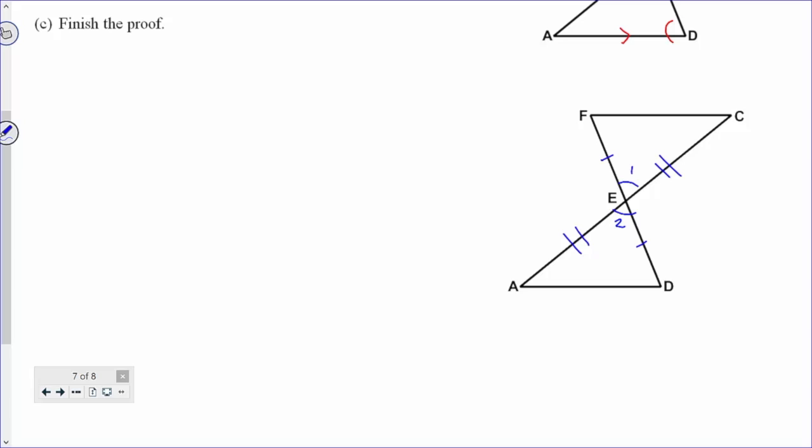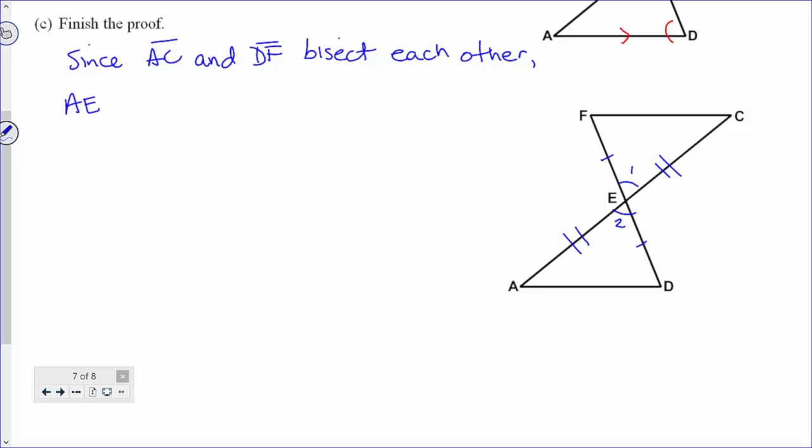Let's do the proof. All right, this is going to be simple. Okay, since AC and DF bisect each other, that tells me that AE is congruent to CE and FE is congruent to DE, period.